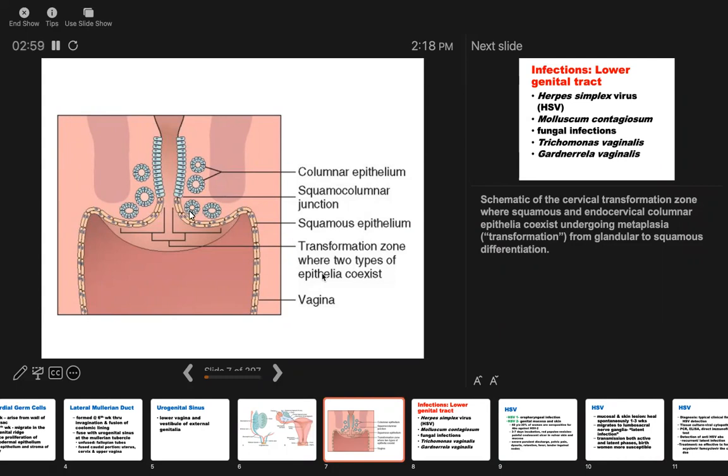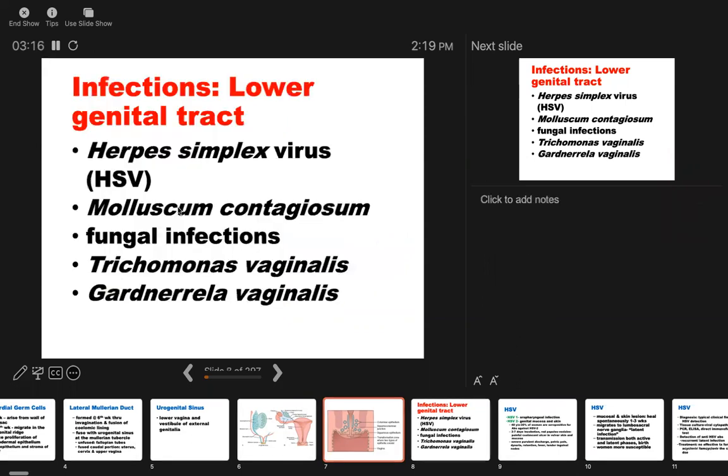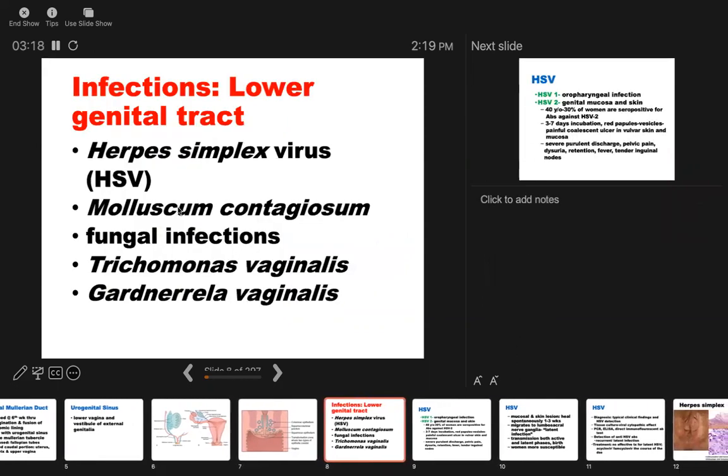The area where they meet is what you call the transformation zone or the squamocolumnar junction. The transformation zone or the squamocolumnar junction is very important because it is where infection commonly arises and even gastric process. Now, let's talk about infection.